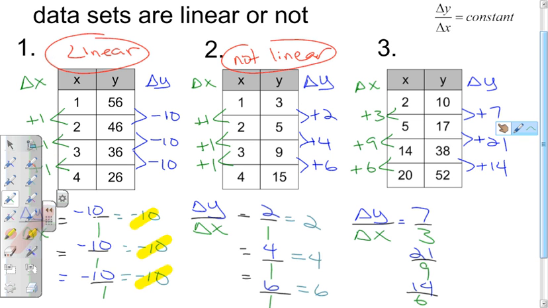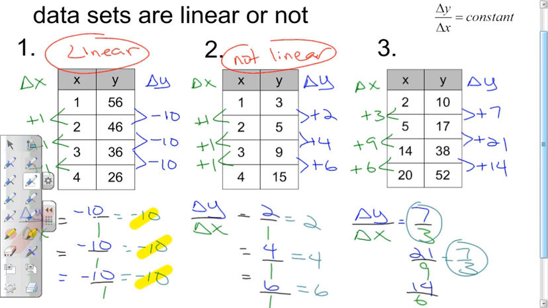Now if you notice this, they look like three fractions that can be simplified. You can go on your calculator and get decimals, but just for the sake of practicing our simplification of fractions, I will just leave them this way. So 7/3 can't be simplified, so it's 7/3. 21/9, they're both divisible by 3, so when I do, I get 7/3.